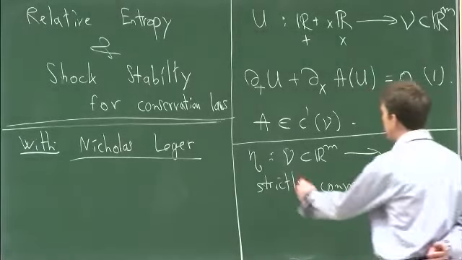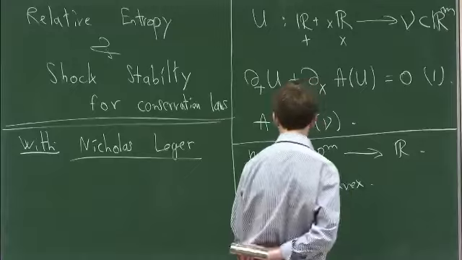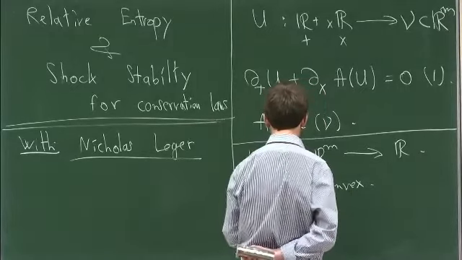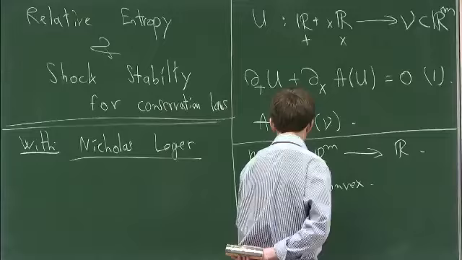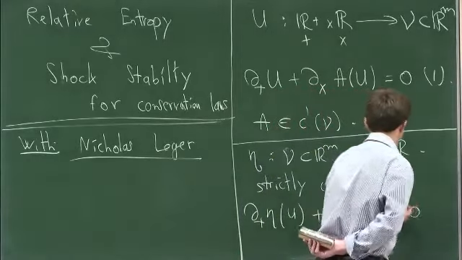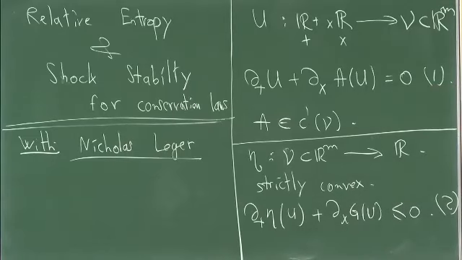And what it means to have a strictly convex entropy is that you can construct an associated entropy inequality, which is d_t eta of u plus d_x G of u, which is non-positive. This is very classical. Of course, not every system has this structure.